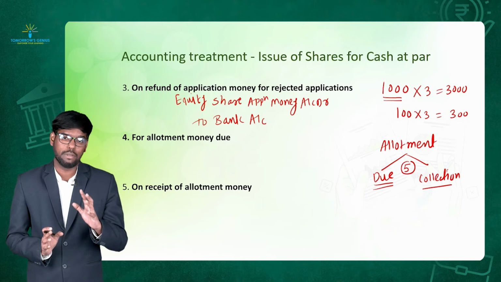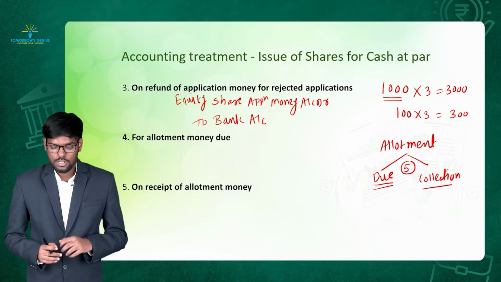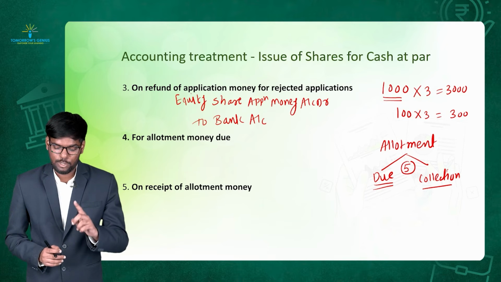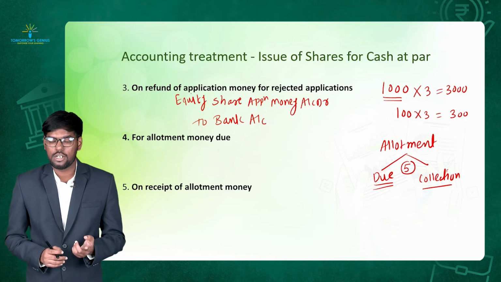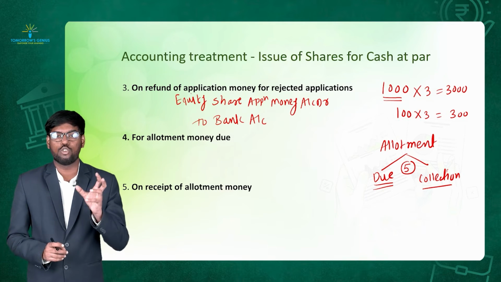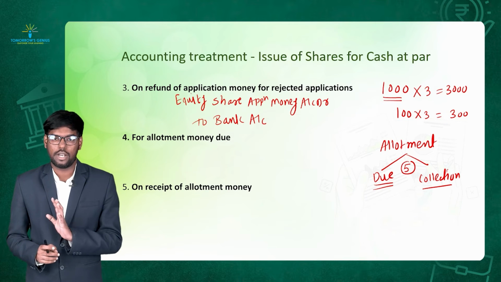So for allotment money due, which entry are we going to pass? Which money are we going to collect? We are going to collect allotment money, and on which share, sir? If we are issuing equity shares, then it is known as equity share allotment account, right?